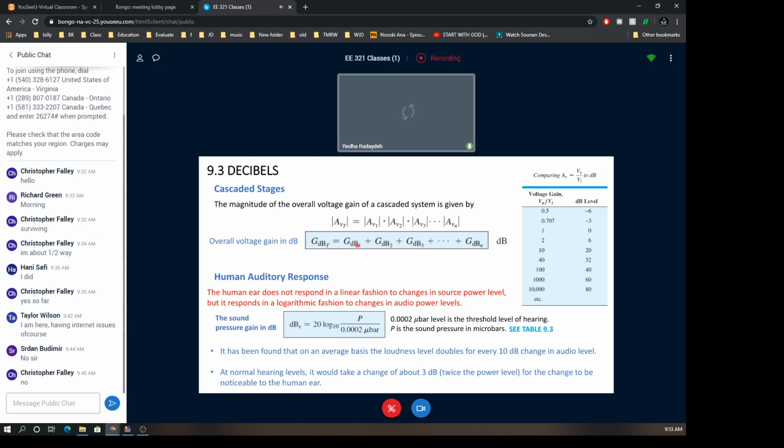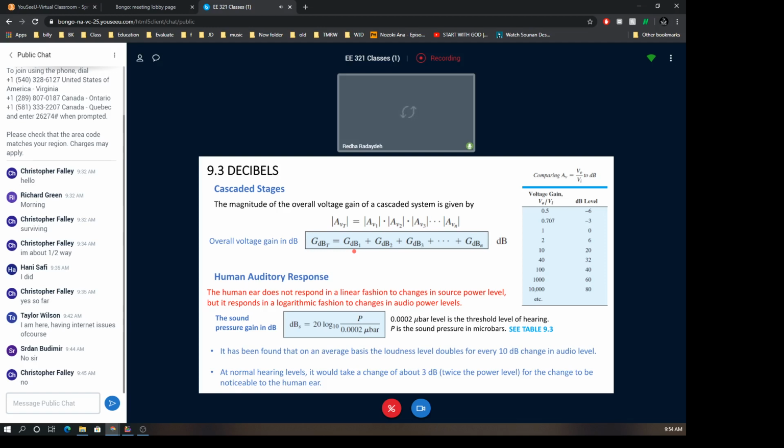So for example, the gain provided by the first stage in dB would be 20 log base 10 of the magnitude of the voltage gain of the first stage, like this. And you follow the same procedure to find the other gains, and then you add them.